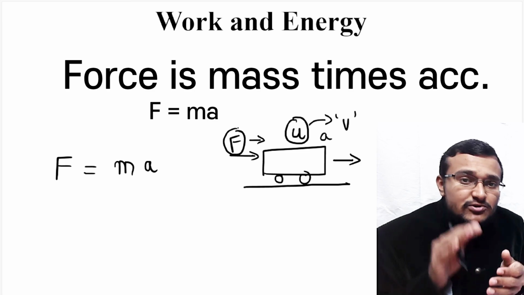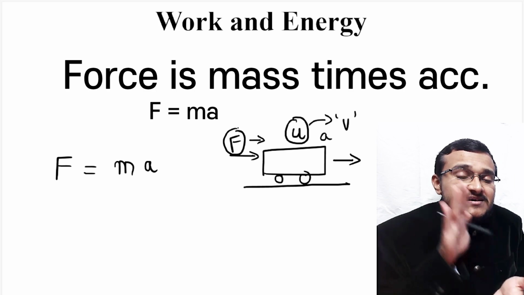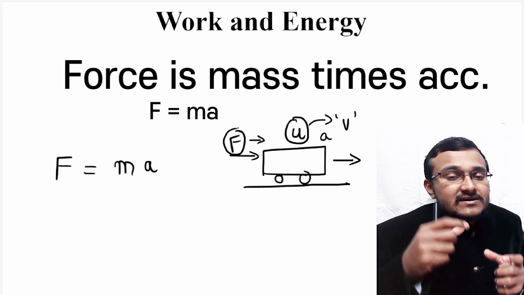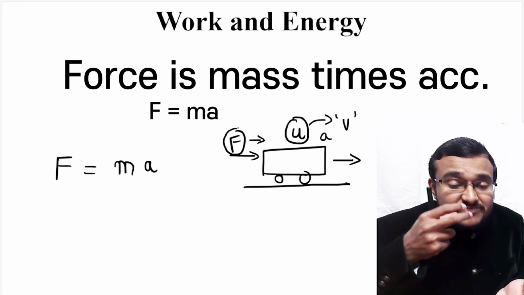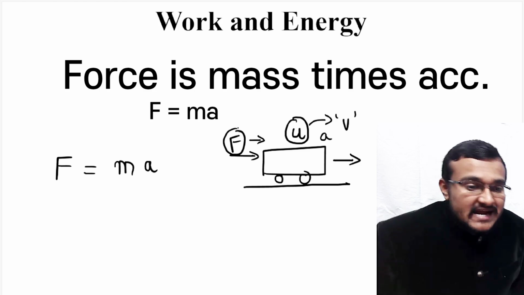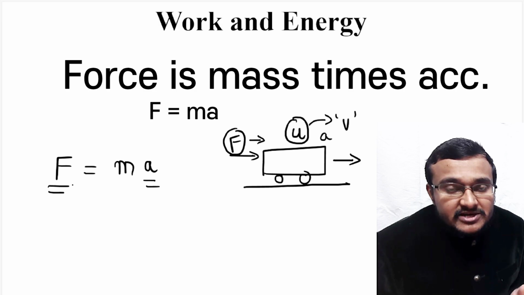The driver sitting inside the car, when he accelerates, is putting a certain amount of force on the car by pressing the accelerator pedal. Because of that force, the car is getting accelerated. So force is coming into the picture and acceleration is also coming into the picture.